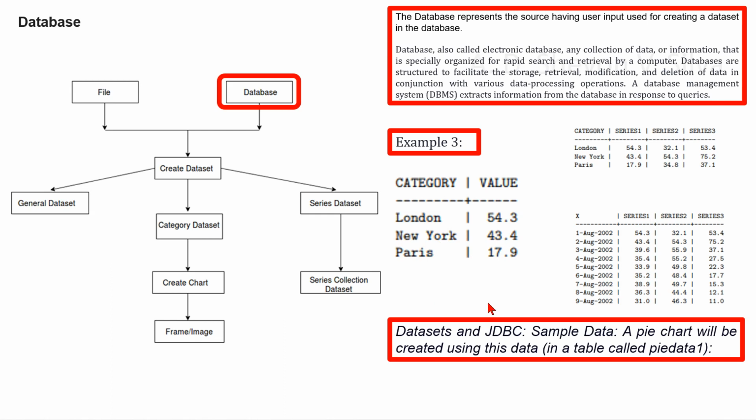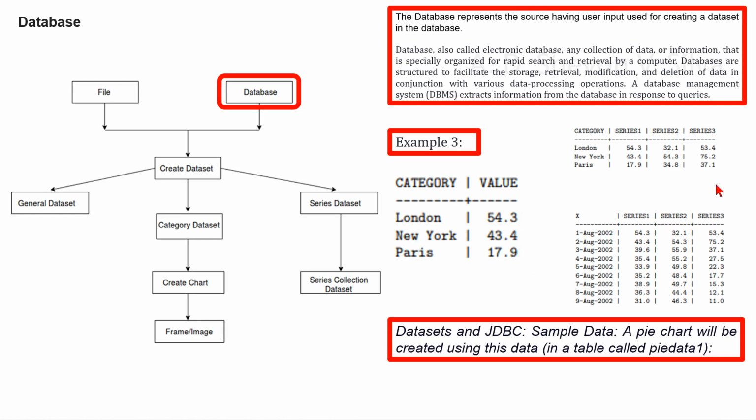To see JDBC datasets in action, you need to create some sample data in a test database. Here is listed some sample data that will be used to create a pie chart, bar chart, and a time series chart.